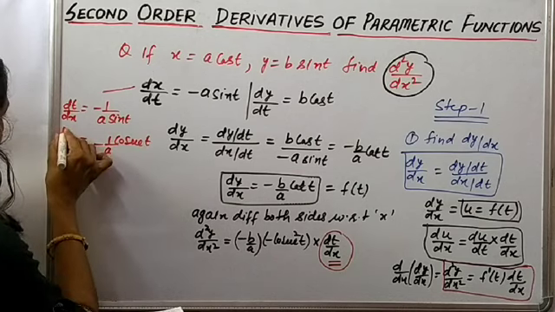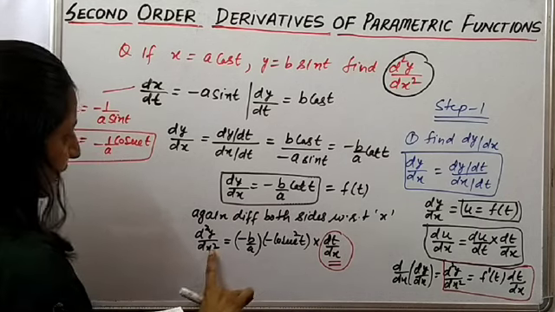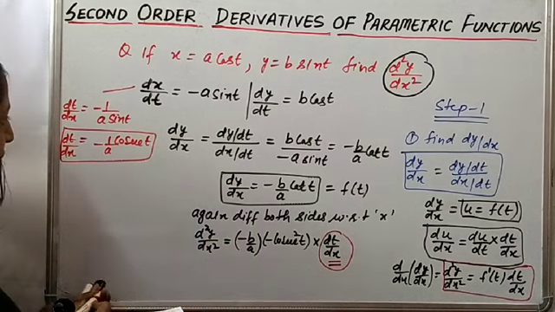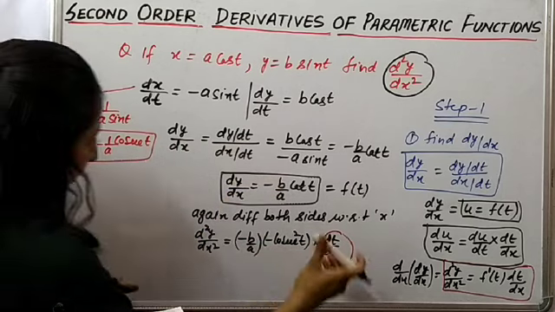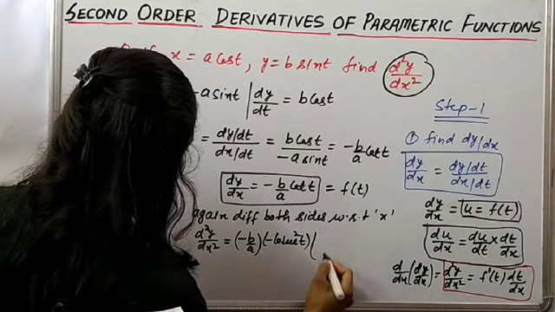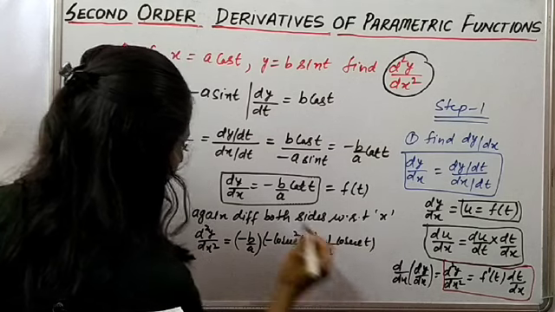So now put the value of dt by dx here, and after simplification we will get our required second order derivative, that is d2y upon dx square. So I am substituting its value here. After substituting, it will be minus 1 upon a into cosecant t, right?